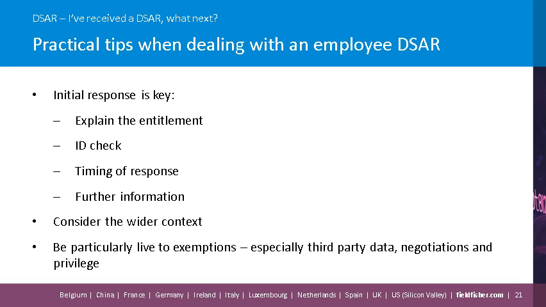On further information, Recital 63 of the GDPR sets out that where an employer processes a large quantity of personal data, they should be able to ask the employee to specify the information or processing activities to which their request relates. The aim should not be to narrow the scope when asking for further information, but of course that might be the result.